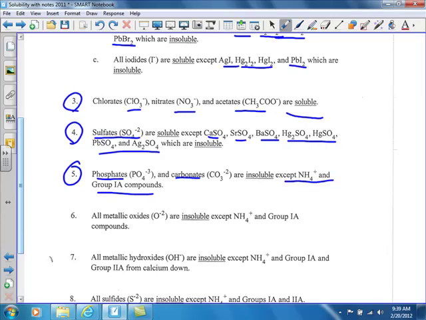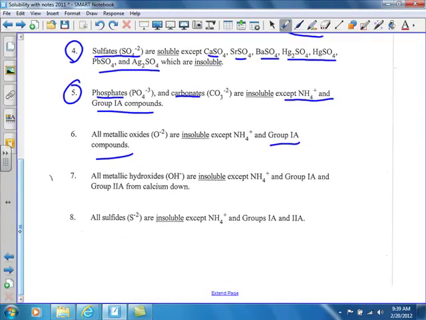Metal oxides are insoluble except with group 1 elements and compounds. Metallic hydroxides are insoluble except with group 1 elements, and actually group 2 elements from calcium down. And all sulfides are insoluble except with group 1 and group 2 elements.